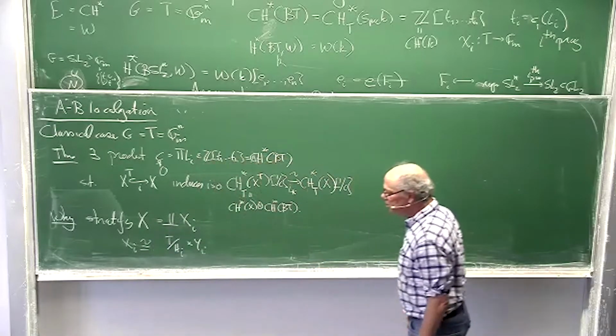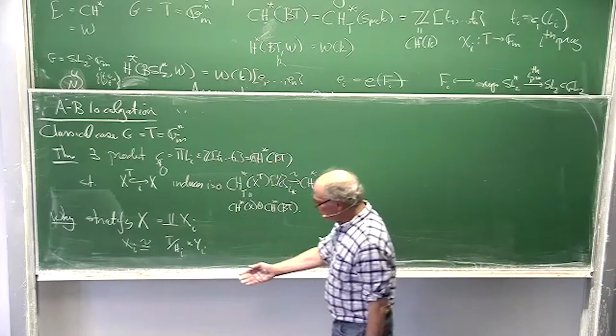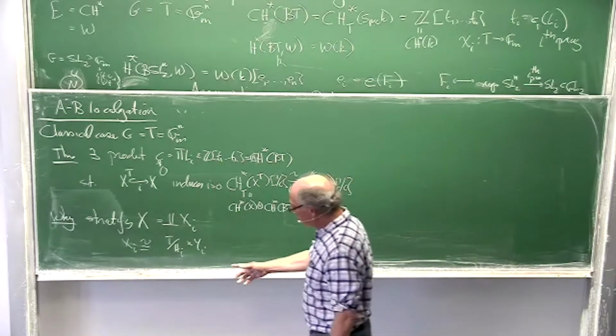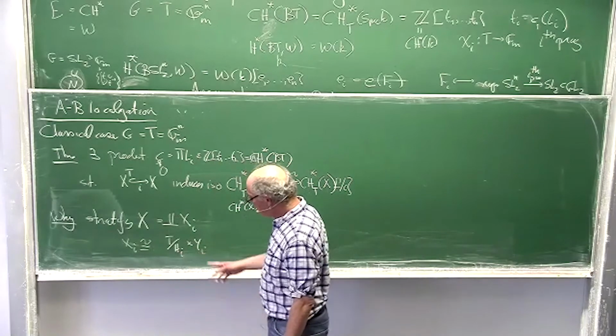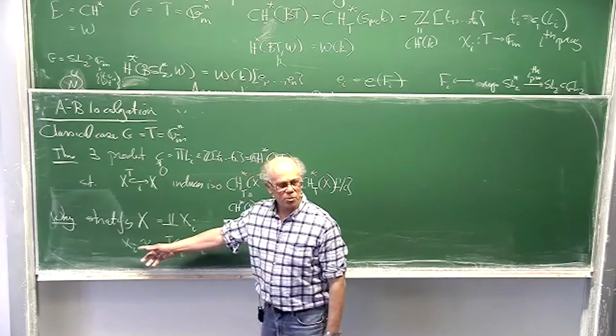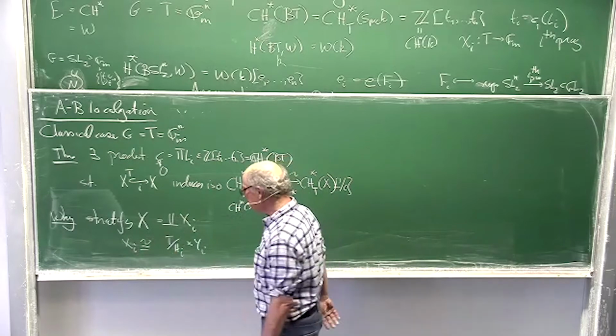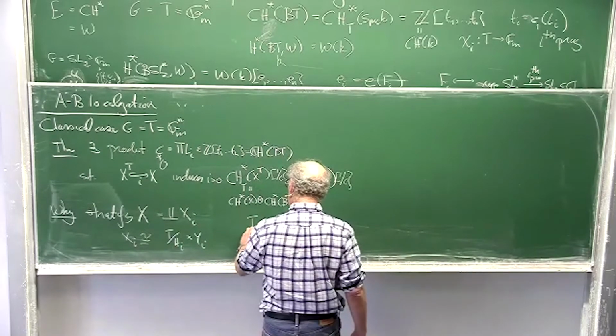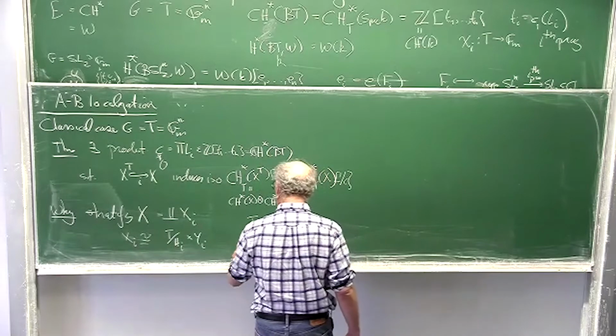You expect the Yi's to be smooth, and the Hi's are just some subgroup of T. So of course, if Hi is T, then this is just the fixed locus, right? The group is acting trivially.